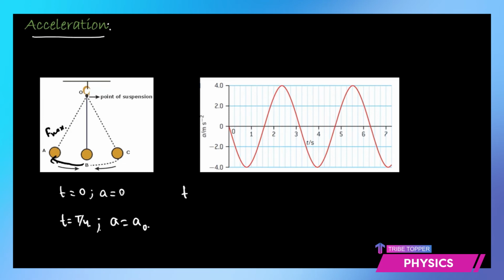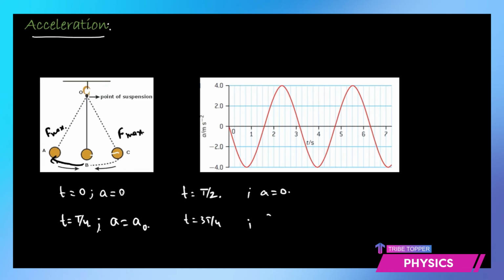Then at t is equal to T/2, you come back again at point B, no force acting, equilibrium position, acceleration again drops to 0. Then you go to the other extreme, that's 3T/4. At the position C, again the restoring force is maximum because this is the farthest point, so acceleration would again be maximum.